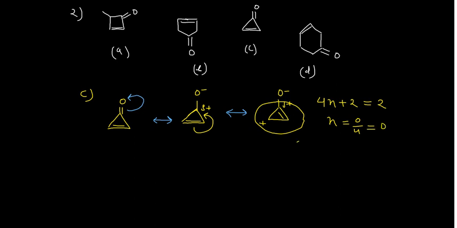When you put the number of pi electrons in the 4n plus 2 system and n is 0, 1, 2, 3, then your species are aromatic. So this 3-membered ring is aromatic. That's why it has the highest dipole moment, highest mu in that case.